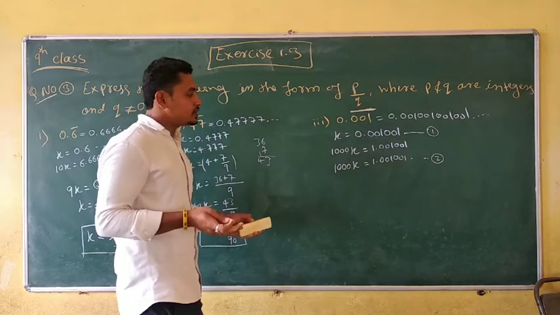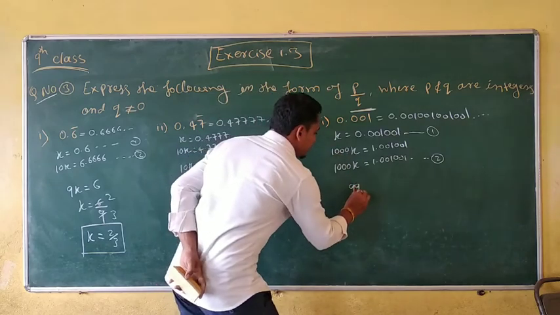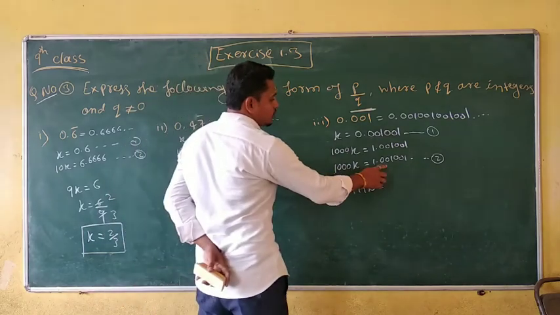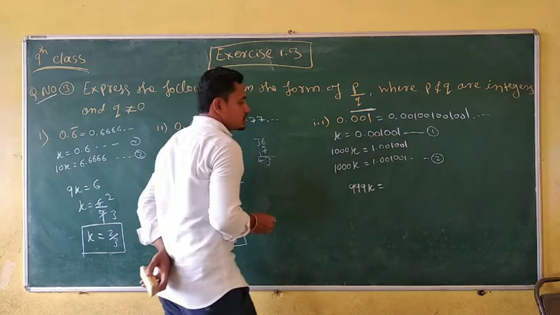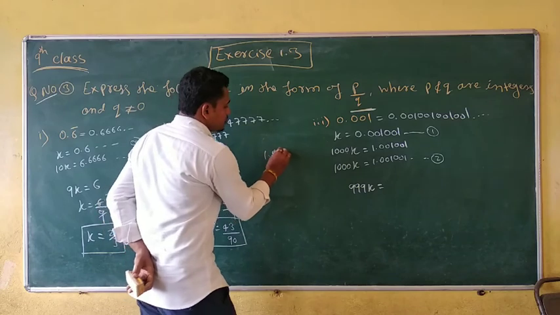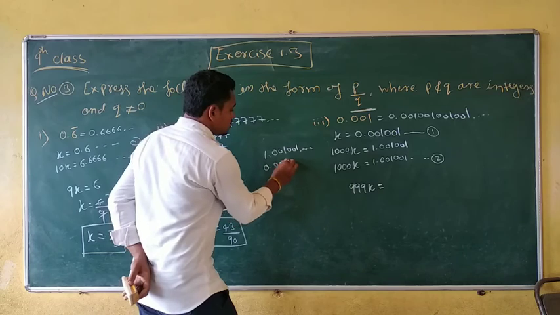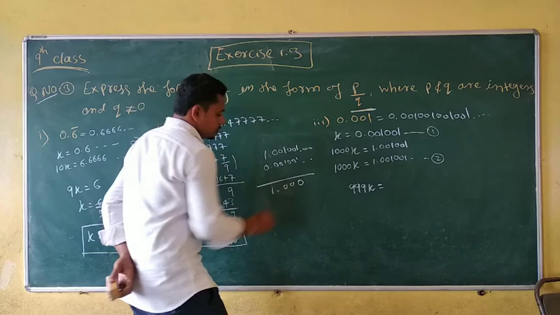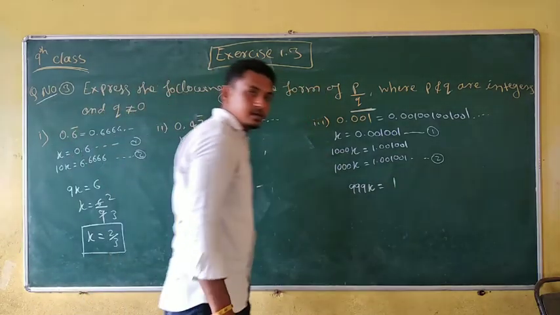Now subtract equation number 1 from equation number 2. So 1000x minus x, 999x is equal to 1.001001 minus 0.001001, and so on, which gives 1.000, which means our answer is 1.